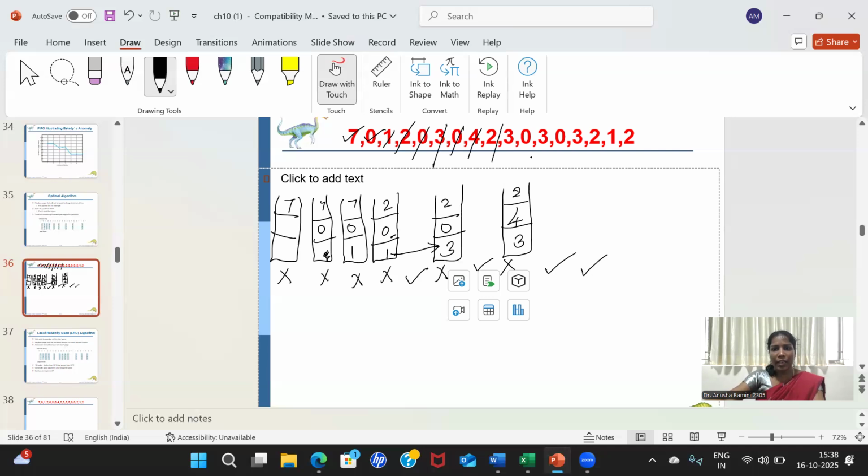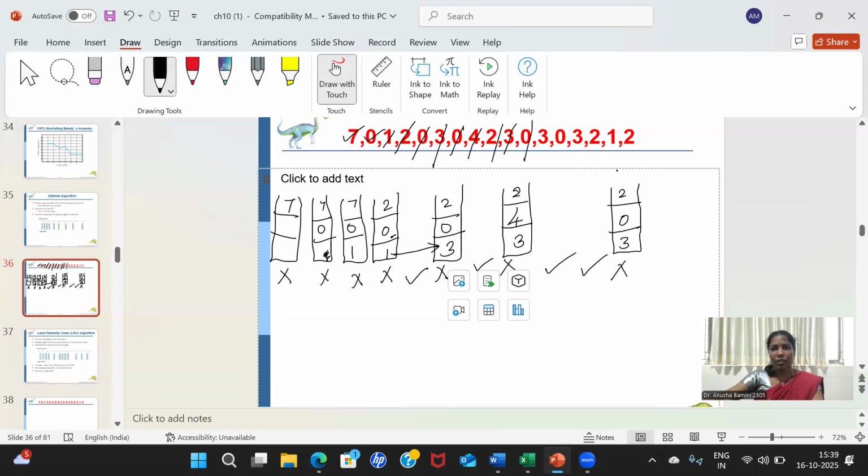Then 3 is already there, page hit. Then 0 is not there, so we have a page fault. Already I have 2, 4, 3 in my main memory. I want to replace one with 0. 3 will occur faster, 0 will occur, 4 is not there. So I'm replacing 4 with 0.